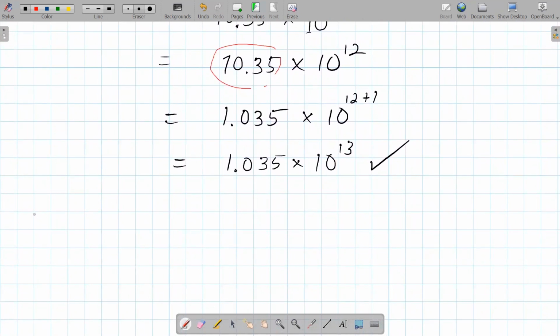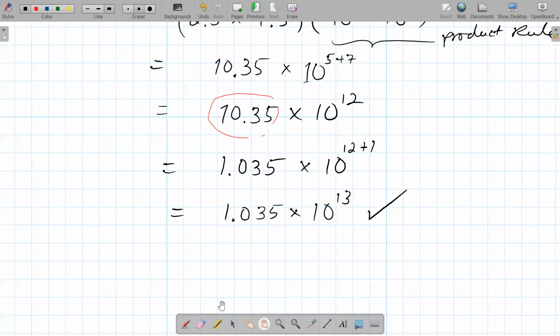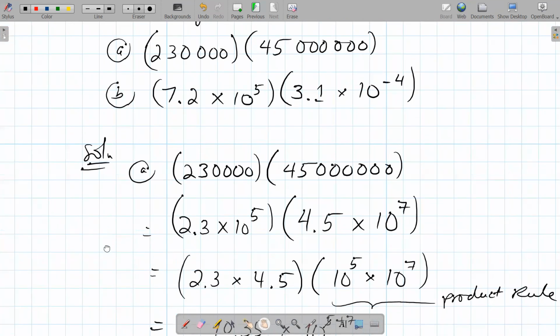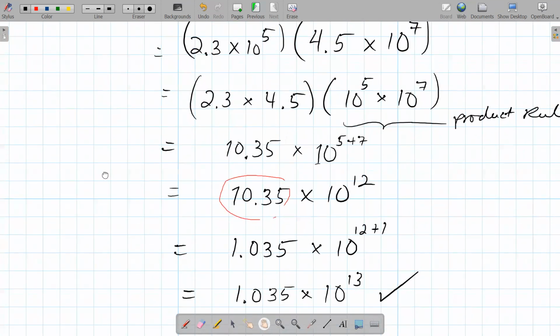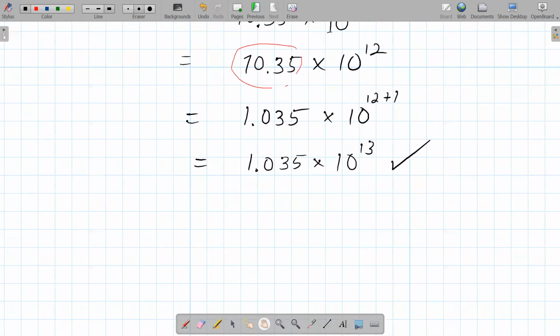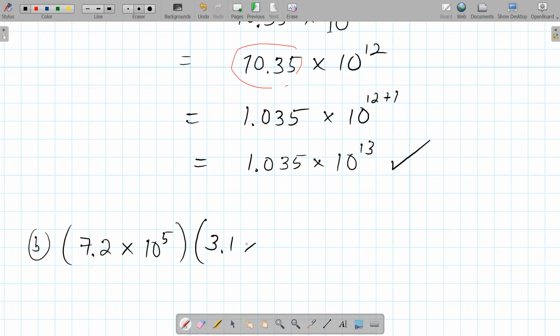The second one, 7.2 times 10 to the 5th power times 3.1 times 10 to the -4. So it's the same preamble. These are already in exponential form.